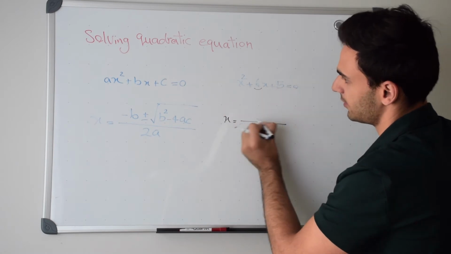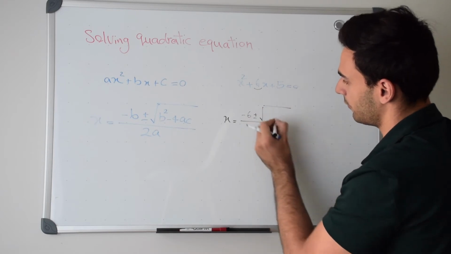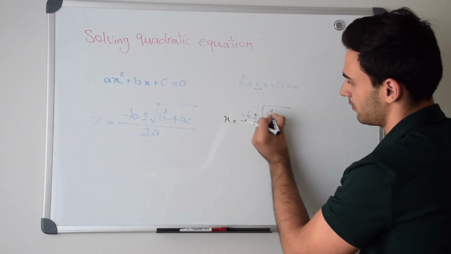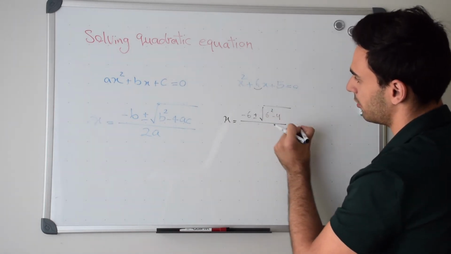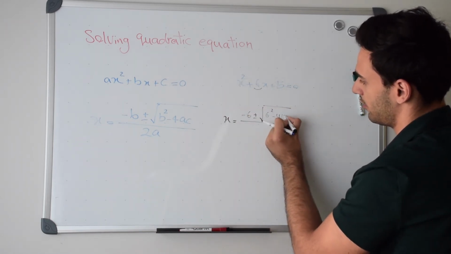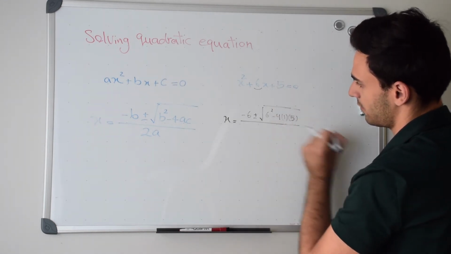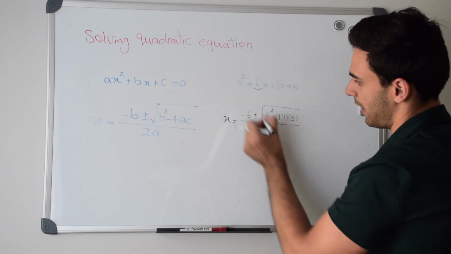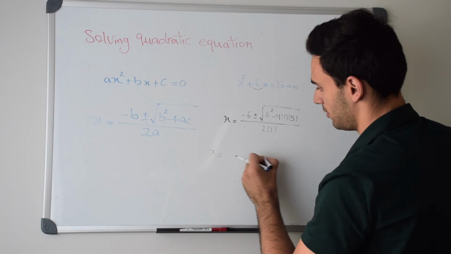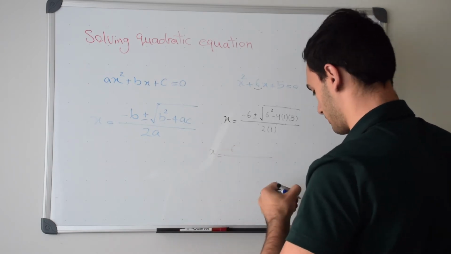What is b? 6, so minus 6, plus or minus the square root of b squared, 6 squared, minus 4ac. A is 1 here, c is 5, over 2a. A is 1 again, 2 multiplied by 1. So x is gonna be minus 6. Oh, I'm sorry about this.